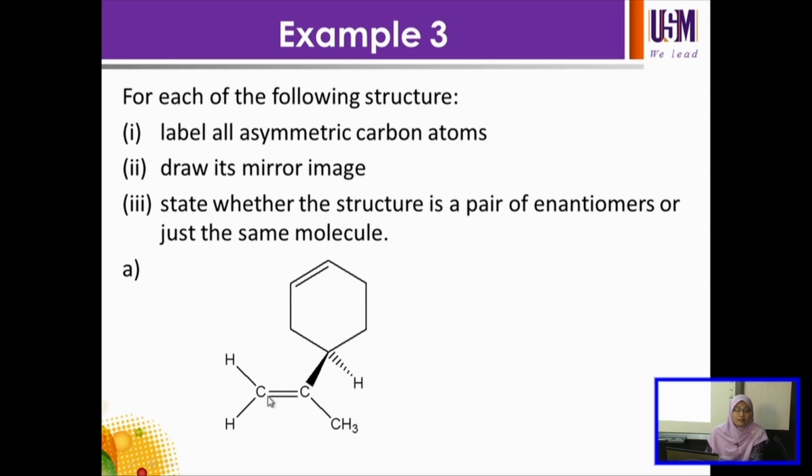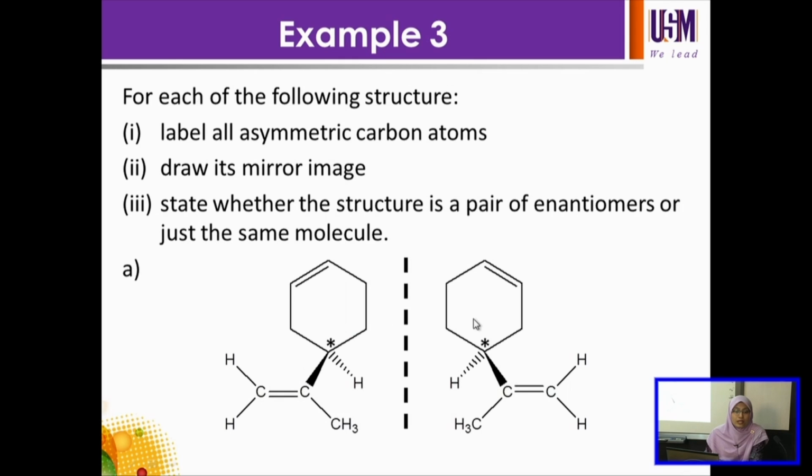We have to identify where is the asymmetric carbon atom. So this will be its asymmetric carbon, because only this carbon is attached to 4 different groups. Okay, so we can draw its mirror image, and we will see that this image is non-superimposable. So they are called a pair of enantiomer.